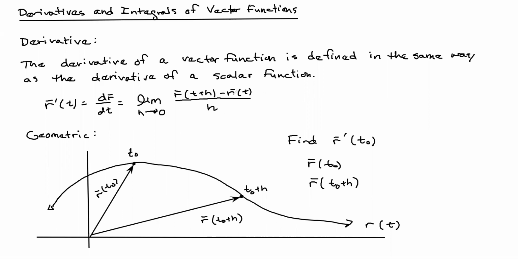Okay, and then what does this ask you to do with those? It asks you to subtract them. So we've got that on there, and now we want to figure out r of t naught plus h minus r of t naught. If you take two vectors and subtract them, what ends up happening?